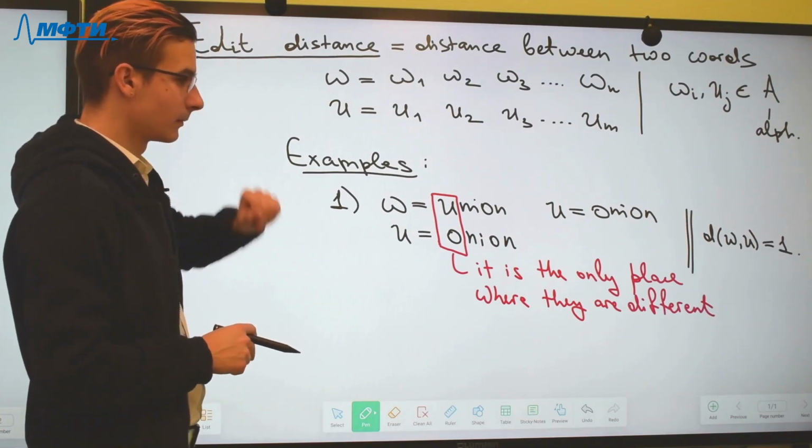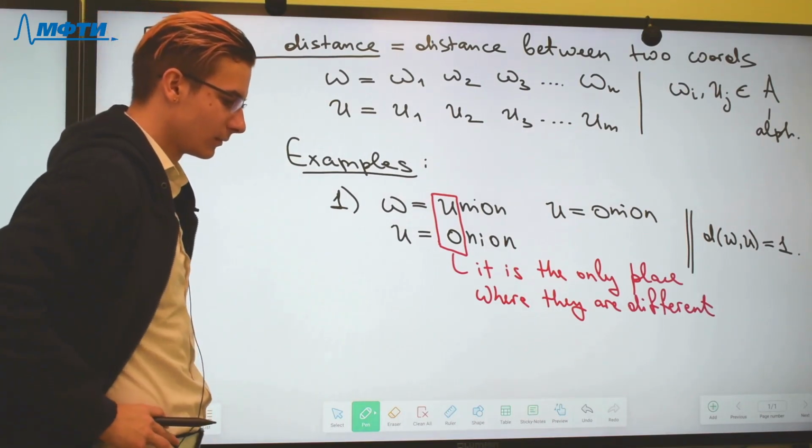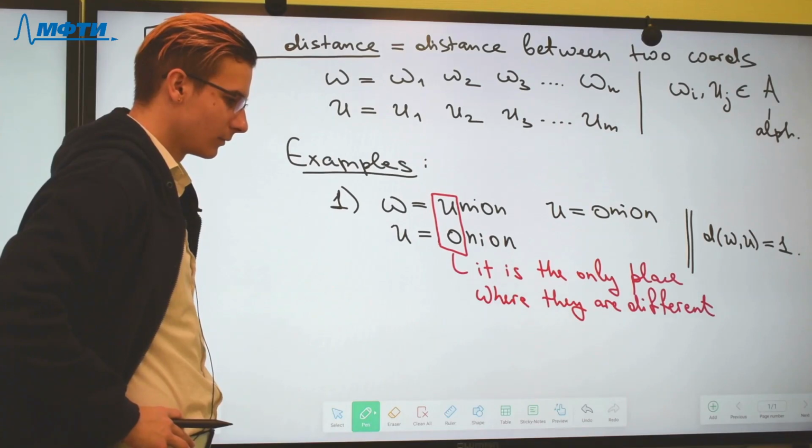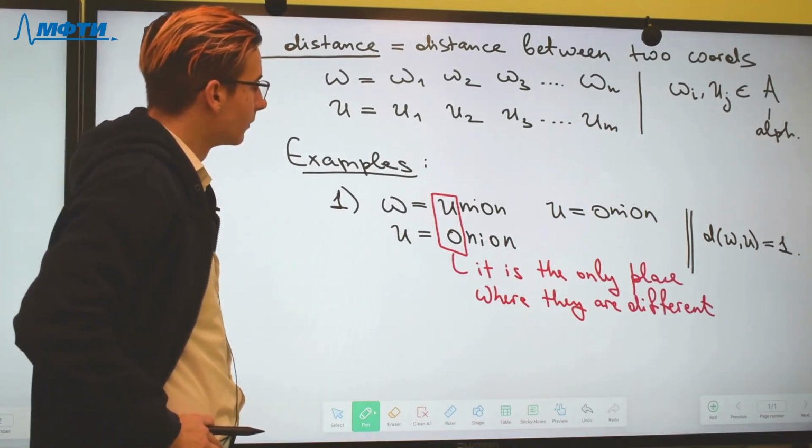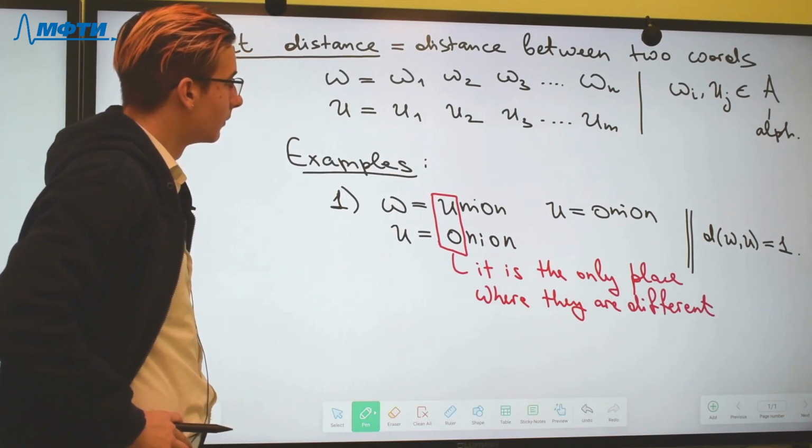And in programming, when we want to make it a program, we want to add an empty character at the end of the first word, like in the second example.